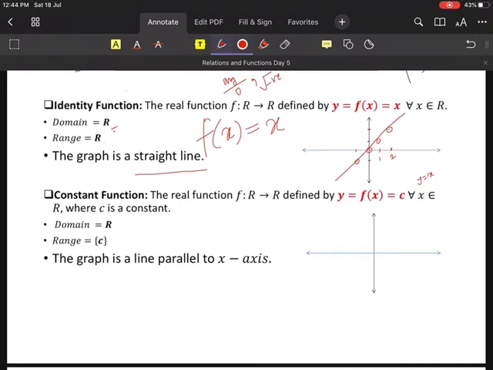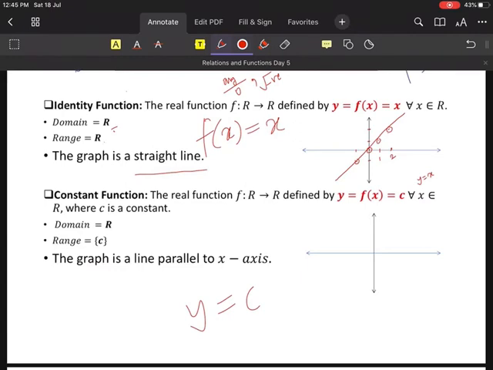So a constant function means a real function f from R to R defined by f(x) equal to c, where y is equal to c for all x element of R, where c is a constant. C is a constant, right?